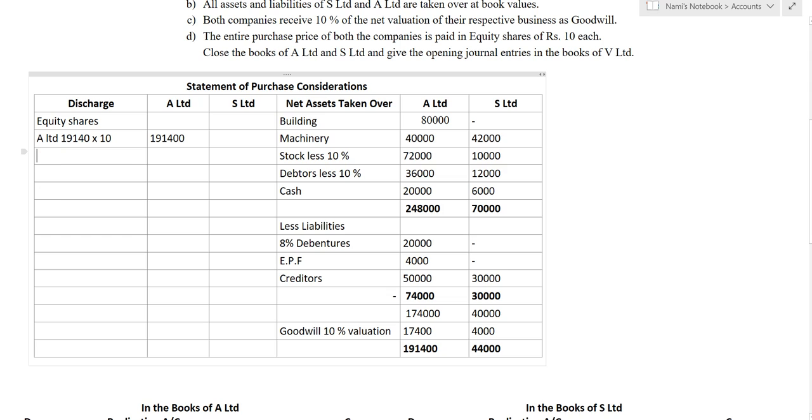For S Limited, the number of equity shares is 4,400 into 10, so in total we get 44,000.